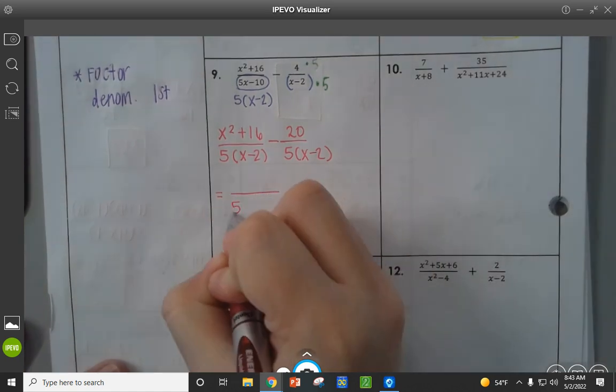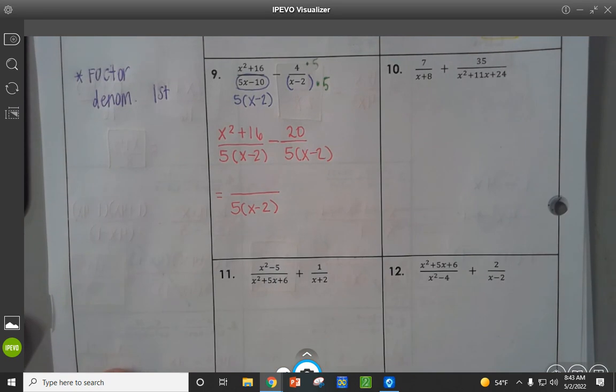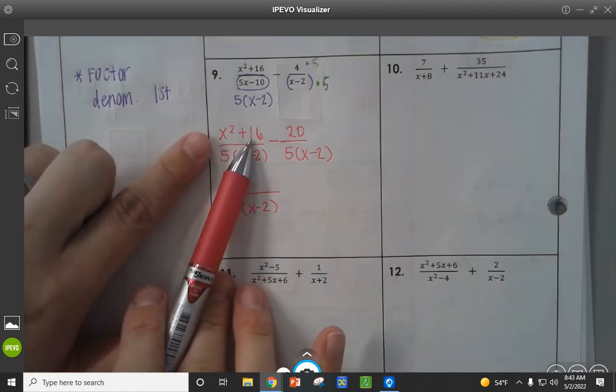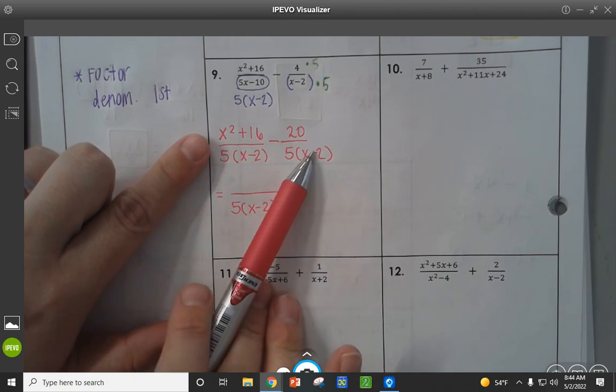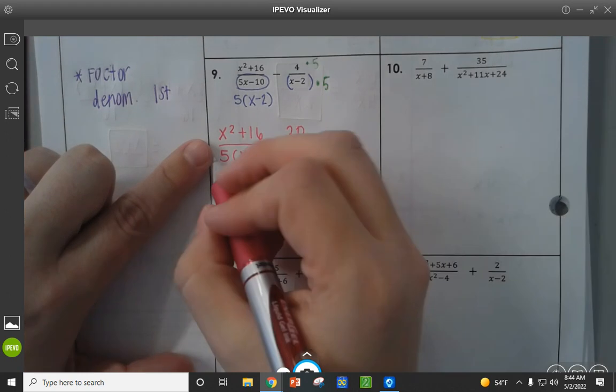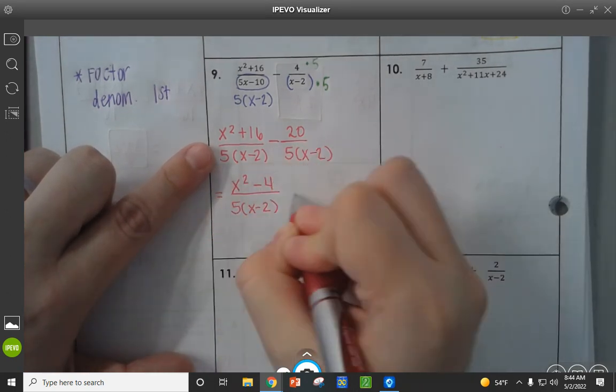Remember, the denominators stay the same. For the numerators, I have x squared plus 16 minus 20. What's 16 minus 20? Negative 4. So we get x squared minus 4.